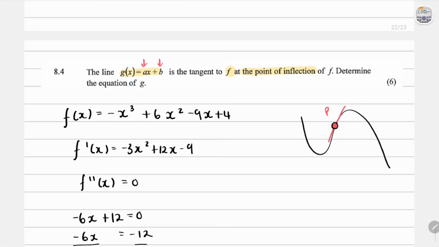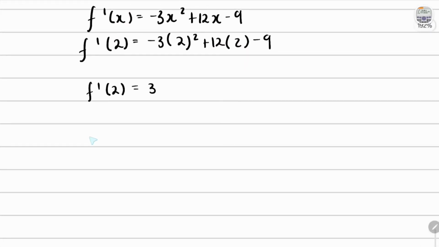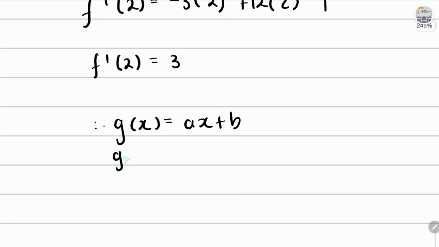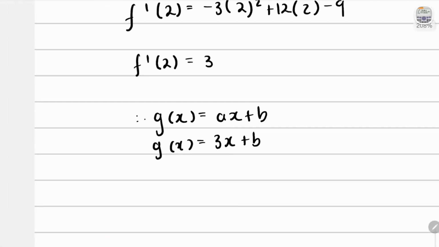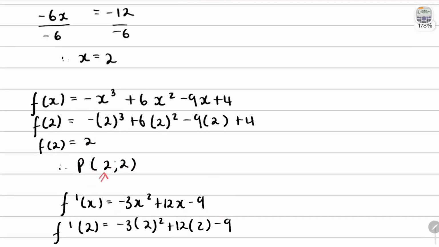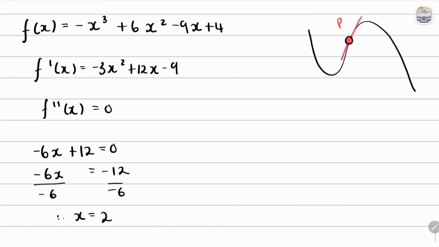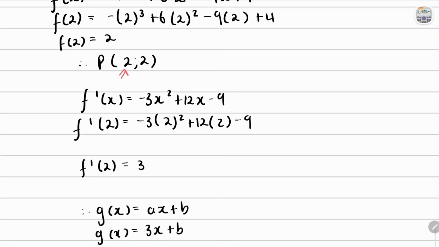So in our graph g of x, we'll just rewrite that. g of x is equal to ax plus b. That a value, the gradient, which is usually in the form of mx plus c, is just 3. So we're saying g of x is equal to 3x plus b. And now to solve for b, we can just substitute a point on this straight line, which is the only point we have, the point of inflection, which is (2, 2).